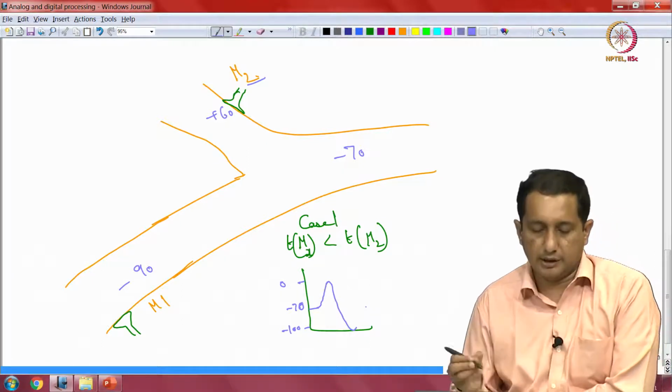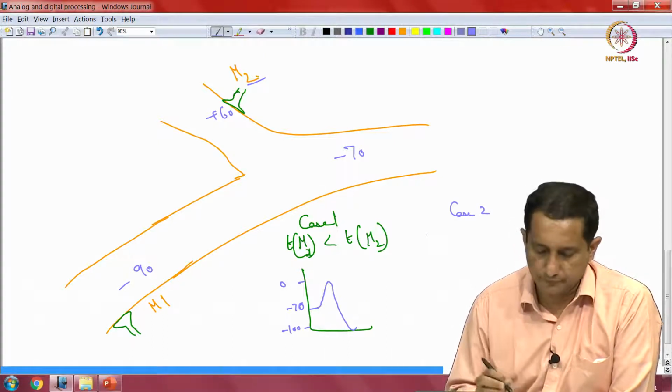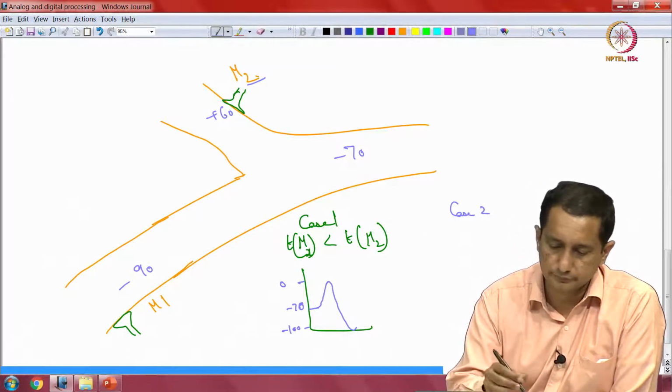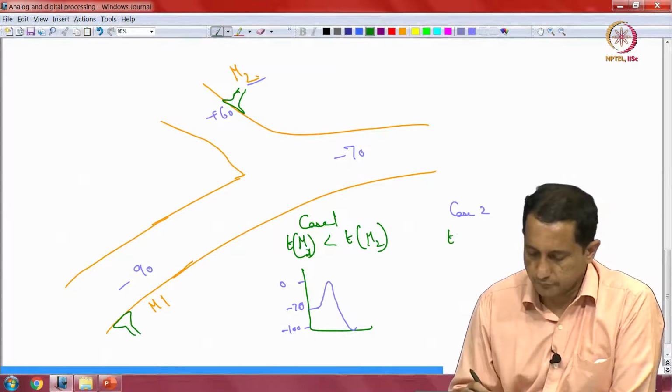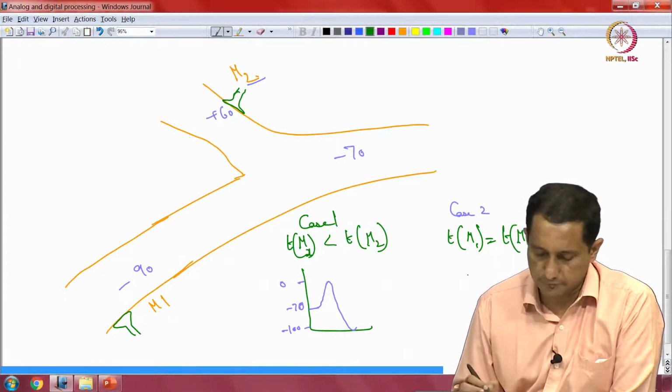So, that is one thing. Now, case 2: time taken for M1 is equal to time taken for M2. What would happen to the signals?